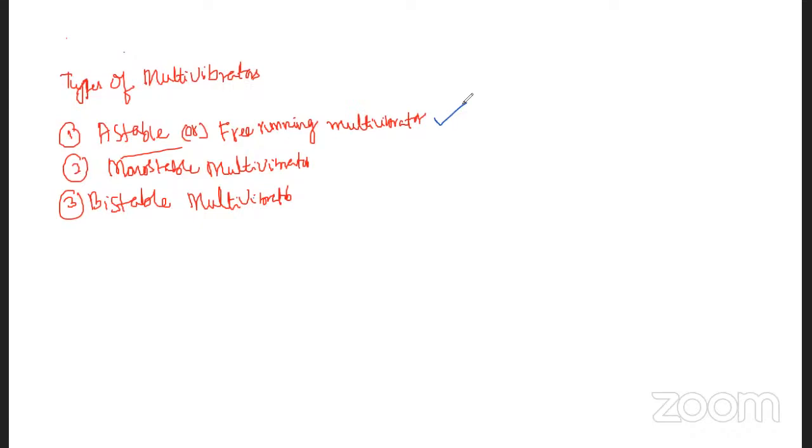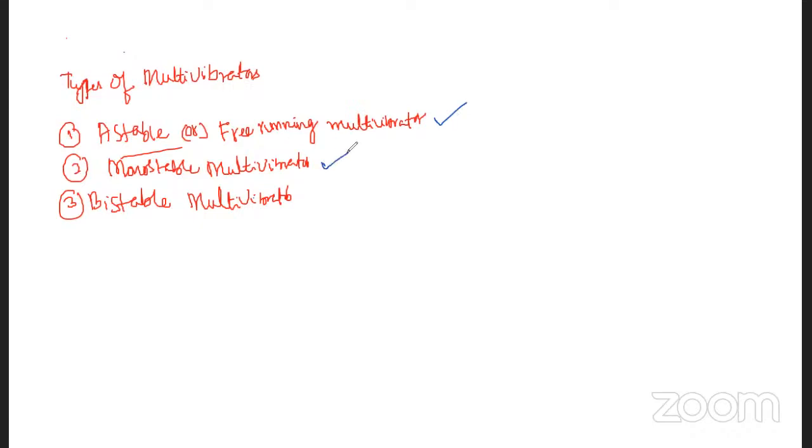It continuously alternates between the two states and remains in each for a time dependent upon the circuit constants. This is just an oscillator, since it requires no external pulse for its operation. It does require a source of DC power because it continuously provides the square wave output.